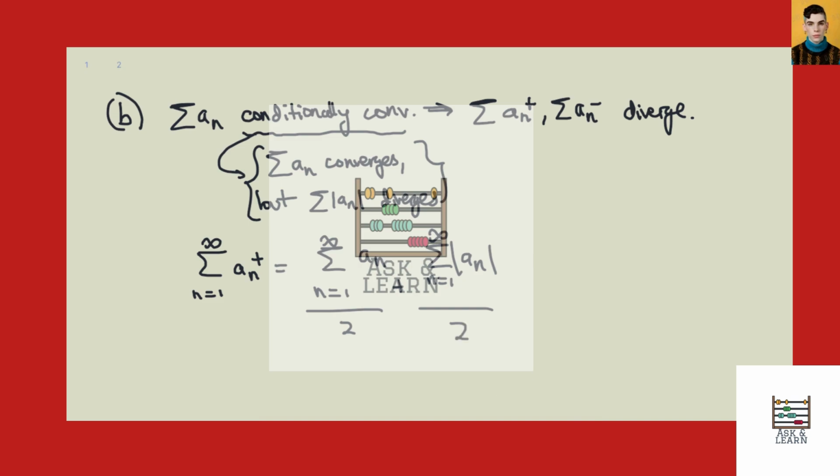Now, using the fact that we have conditional convergence, this first sum will converge, so that is a real number. However, the second sum diverges, so this will be infinity. If you add a divergent series to a convergent series, the result will be infinite, not a real number. So this diverges.